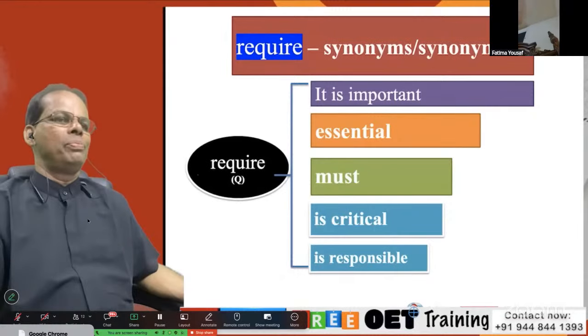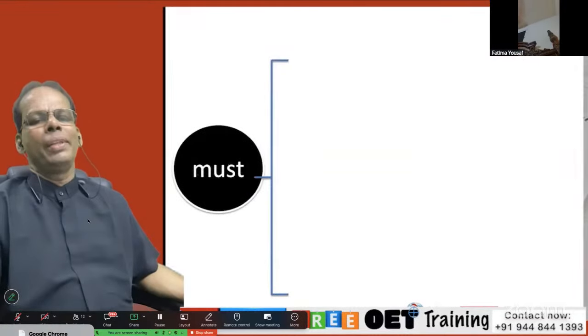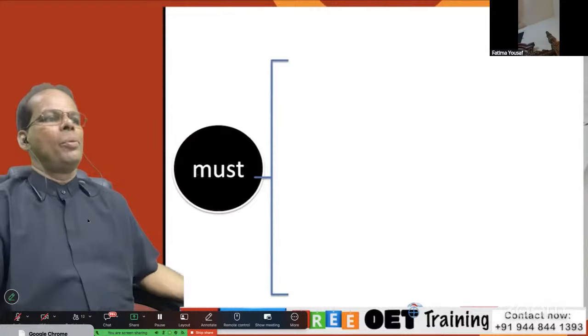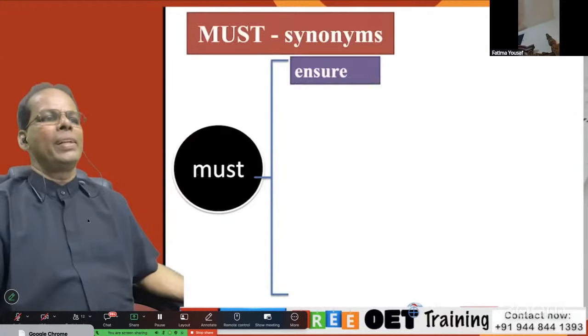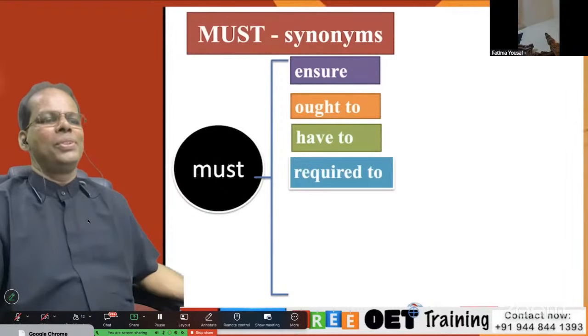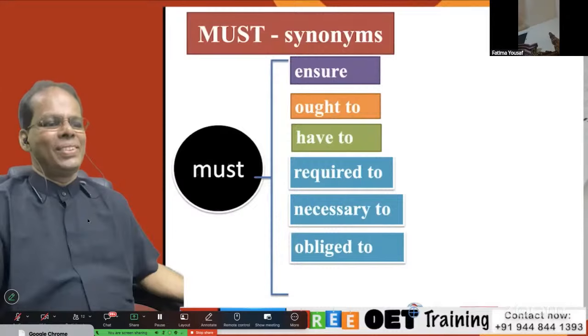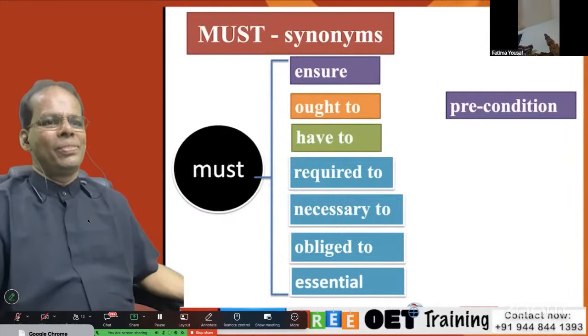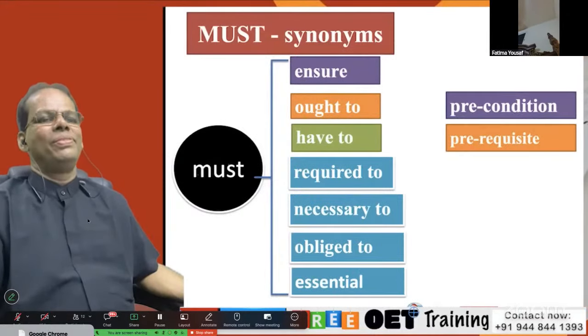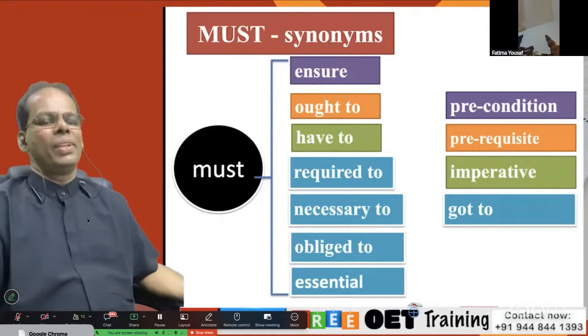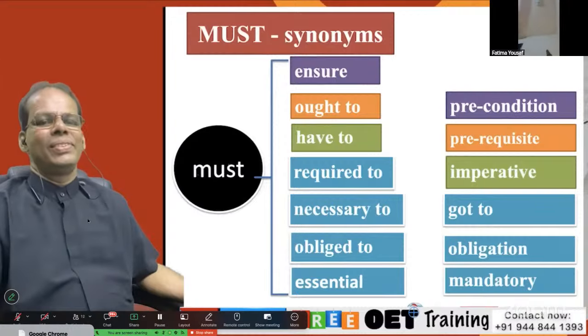in the question stem. Now, what could be other options, synonyms of must or require? Ensure, ought to, have to, required to, necessary to, obligated to, essential, precondition, prerequisite, imperative, got to, obligation.